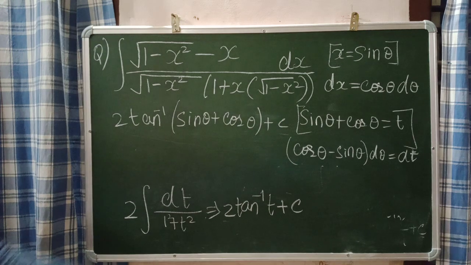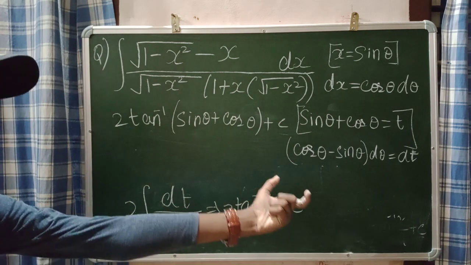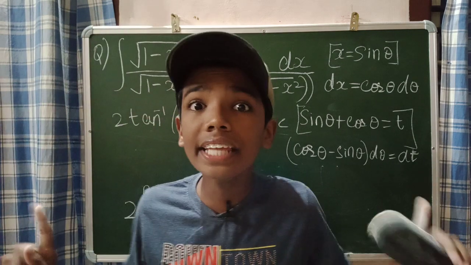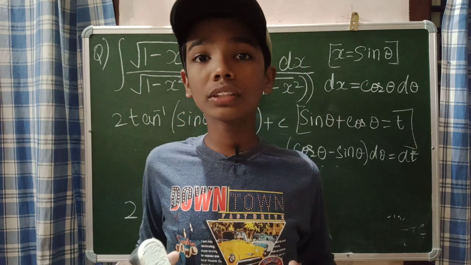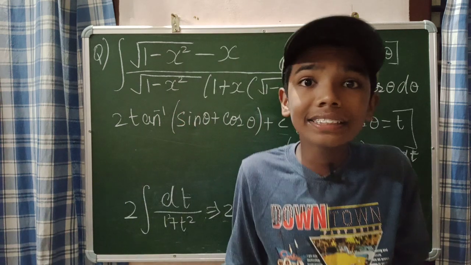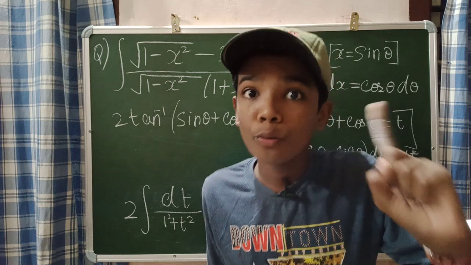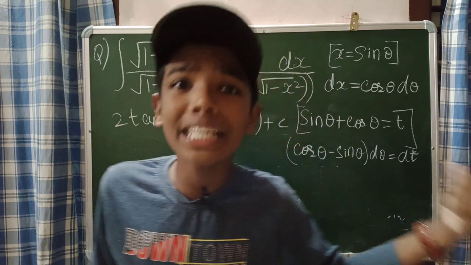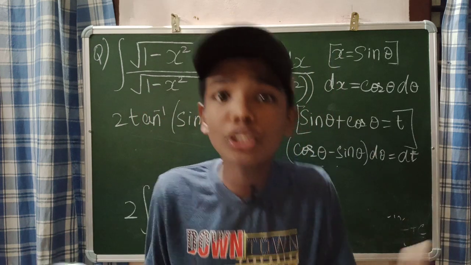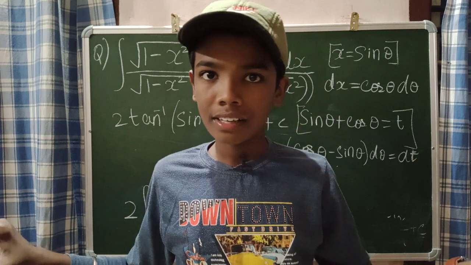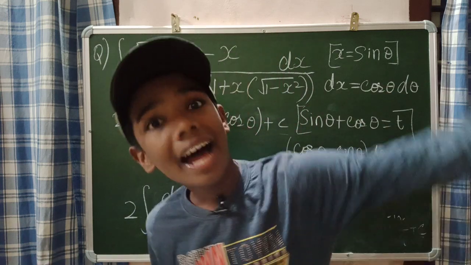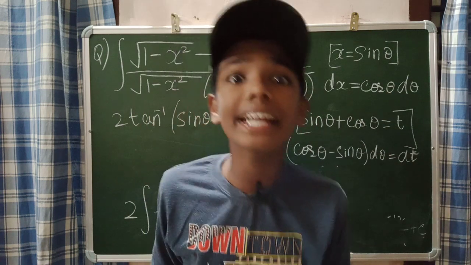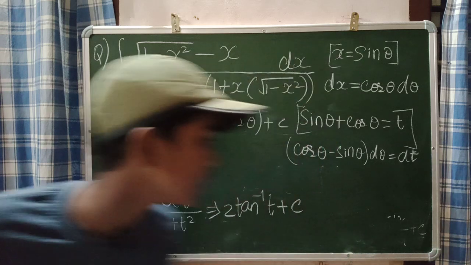So guys, I'm about to put the value of t as sin theta plus cos theta. Don't think that if I put sin theta plus cos theta as t, then I don't need to consider the sin theta and cos theta. Don't have that mindset. This is just to make your integration easier. This is not to erase your sin theta and cos theta. Just to make integration easier. At the last you need to put the value of t as sin theta plus cos theta, and that is something I'm doing now.